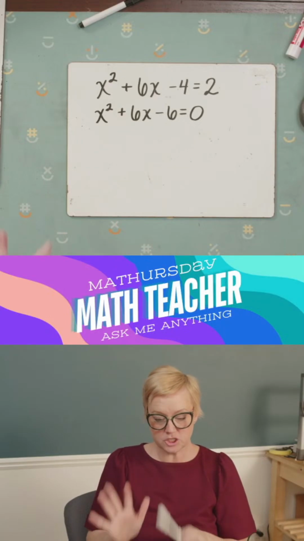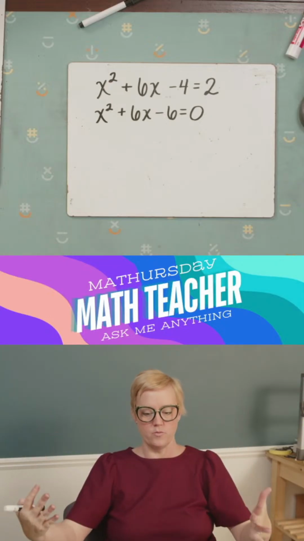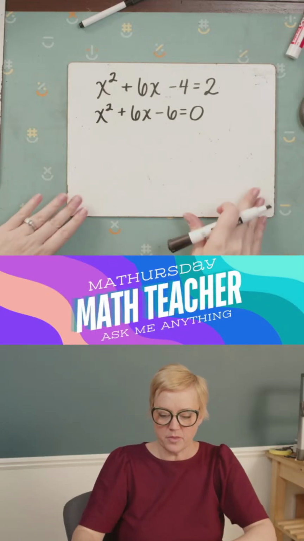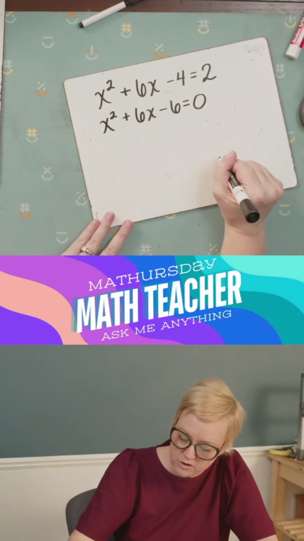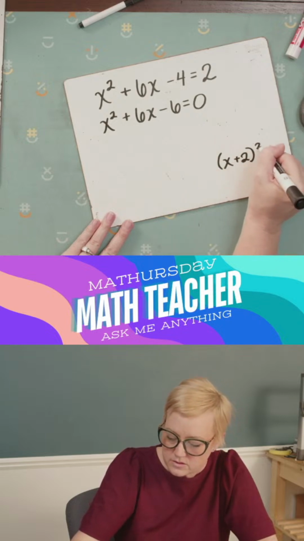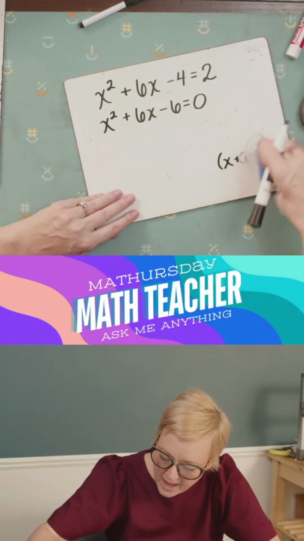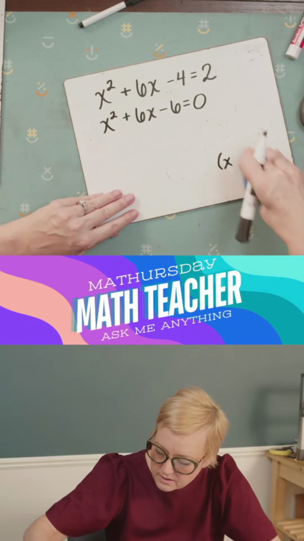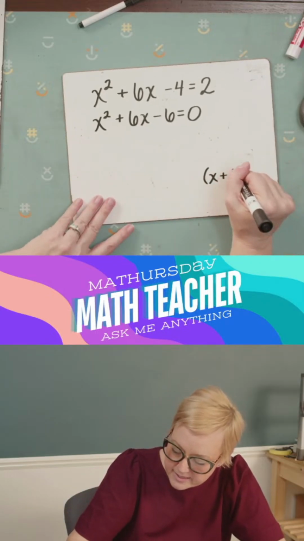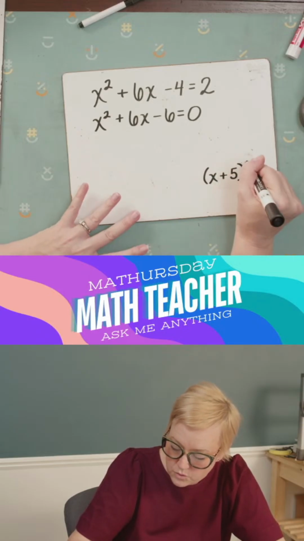So what I'm going to do is I need to think about what's called a perfect square trinomial. Okay, so a perfect square trinomial is something like if you had like x plus 2 squared. Actually, I'm not going to use 2. I don't like using 2 because it's hard to tell if you were adding them or multiplying them. Okay, that's a little tip for teachers out there. So x plus, let's do 5 squared.